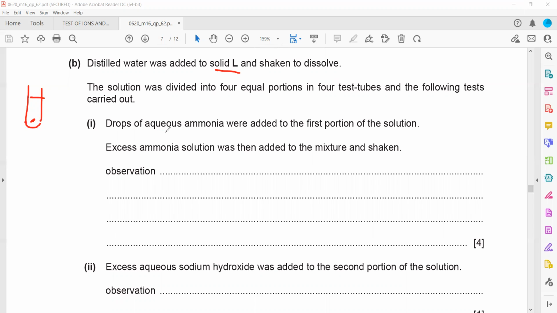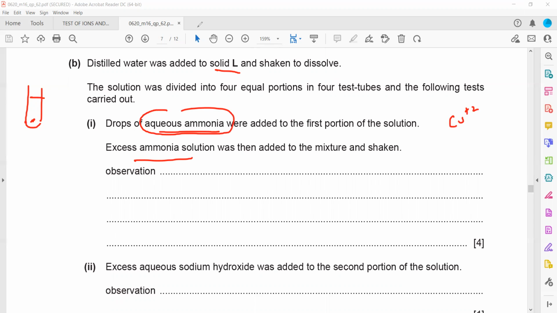First, aqueous ammonia was added to the first portion, dropwise and then in excess. So if we have a copper salt, for example a salt which contains a copper 2 ion, and you are adding aqueous ammonia dropwise, what will be the observation initially?